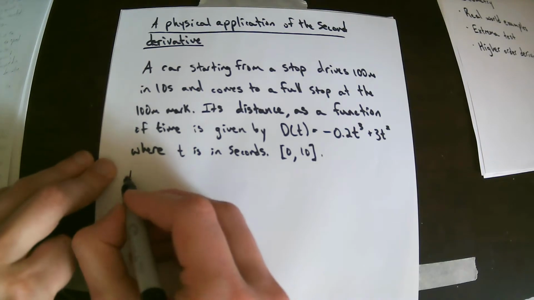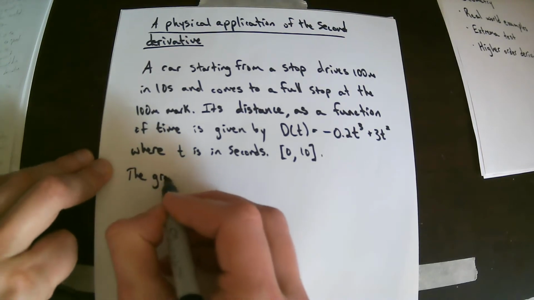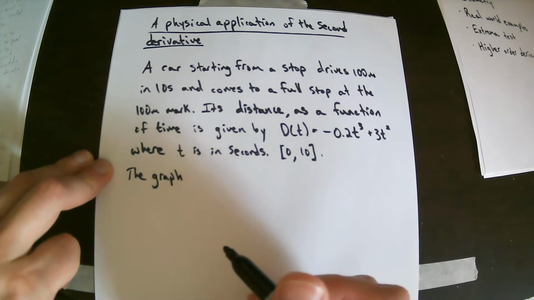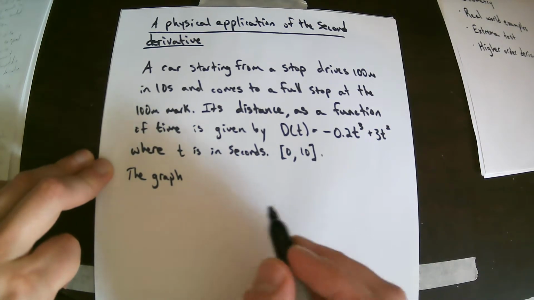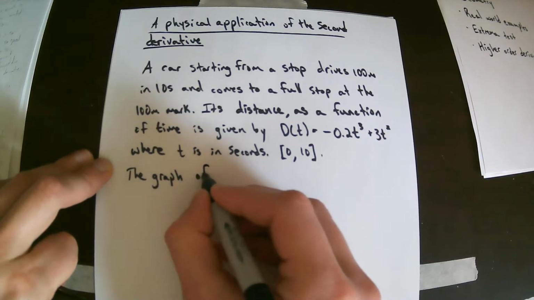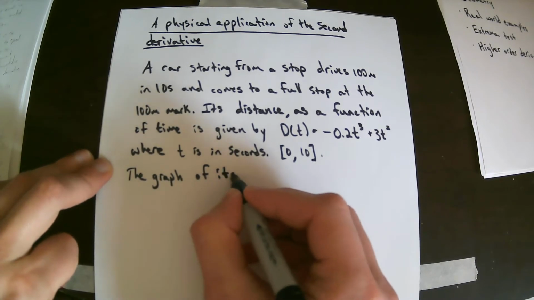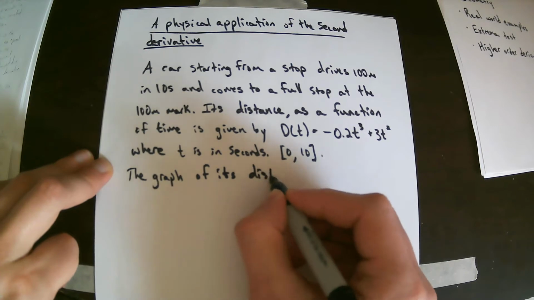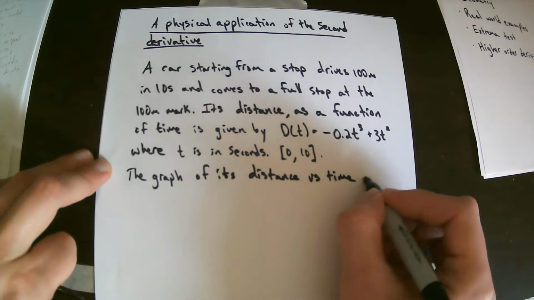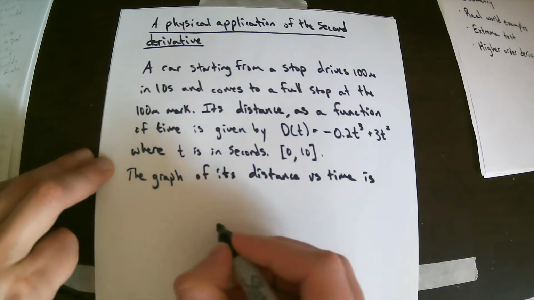The graph of this function, which you could actually go graph in your graphing calculator or whatever you use to graph functions, the graph of its distance versus time is, okay, here is the graph.